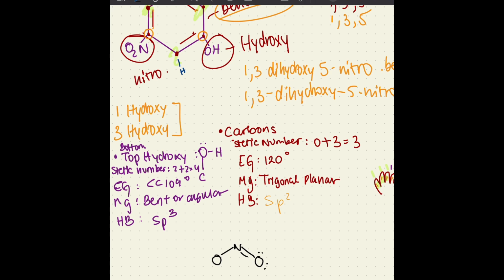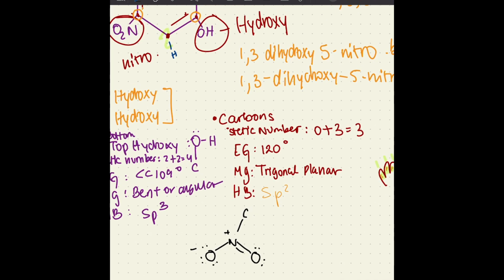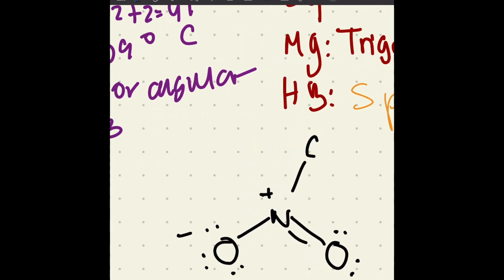So there's a double bond and 2 lone pairs for the oxygen on the right, and the oxygen on the left has 3 lone pairs, a negative charge and just 1 single bond. The nitrogen is going to be positive, and this is because oxygen is more electronegative than nitrogen, so it takes the lone pairs and obeys the octet rule.